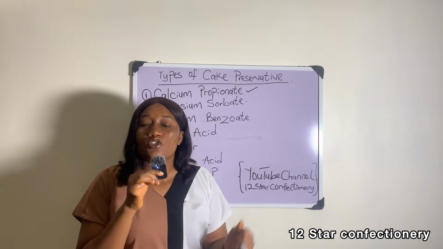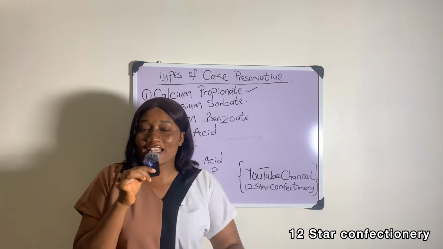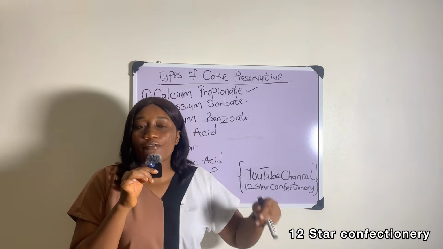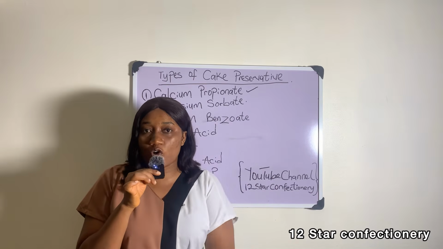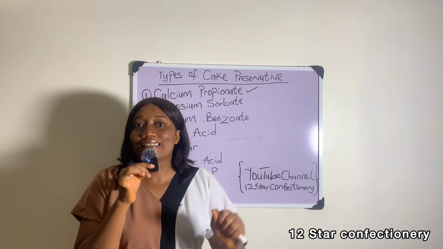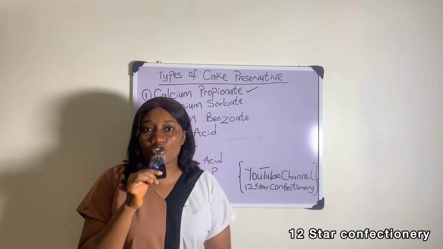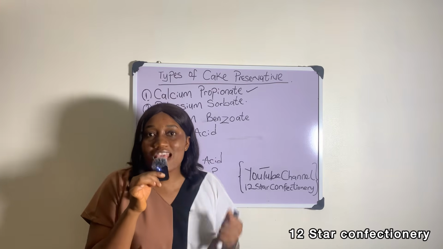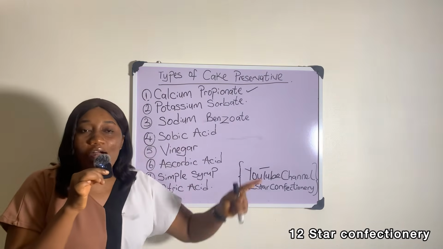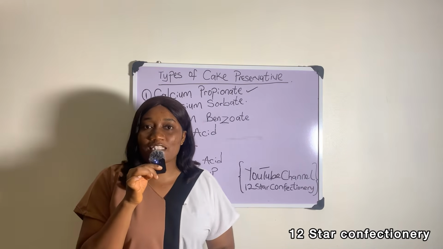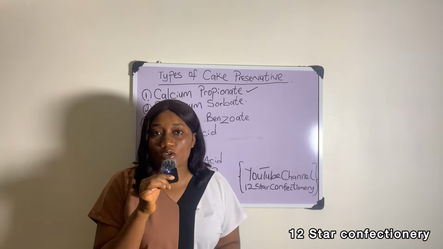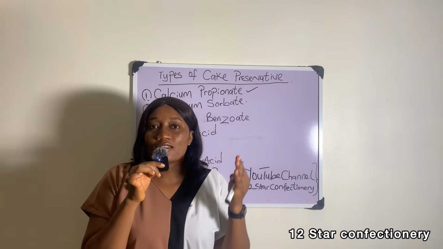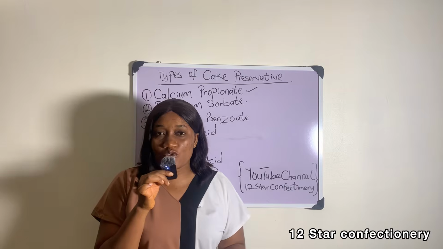So after baking your cakes, when you expose them to air, most of those bacteria and microorganisms tend to perch on our cakes or pastries. When they perch on those cakes and pastries, they will begin to multiply if you don't add calcium propionate to that particular cake.